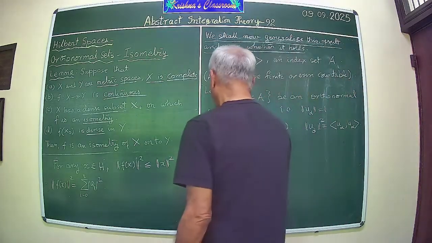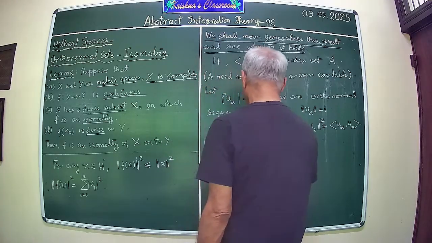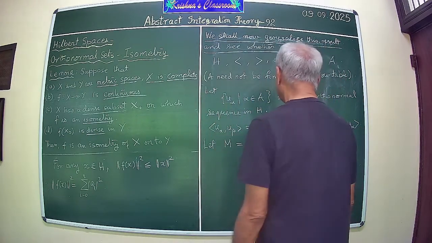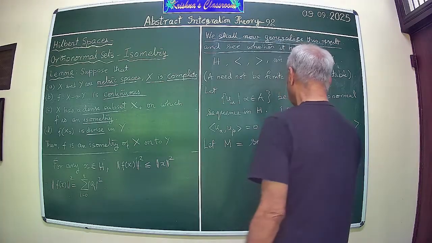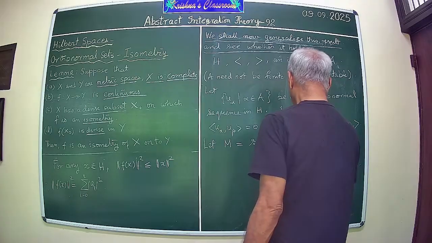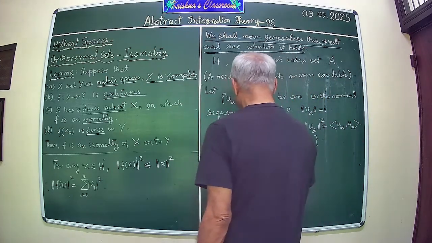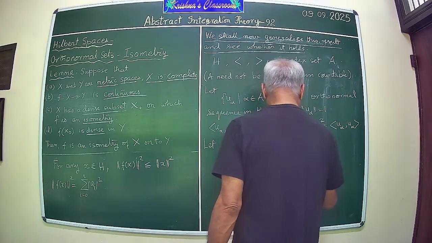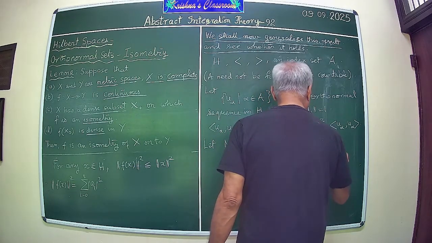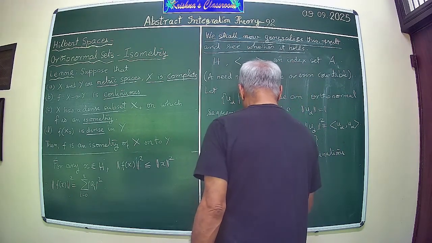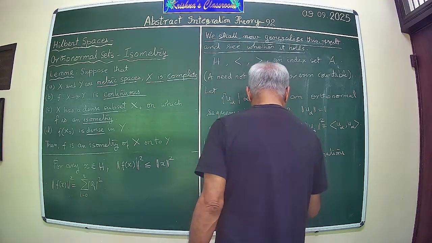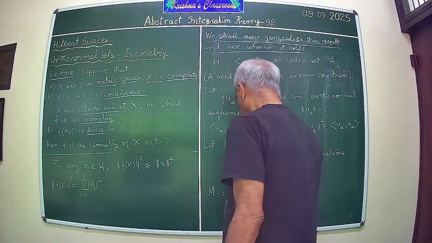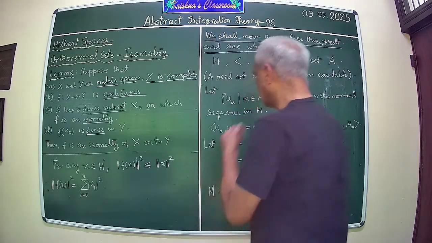Now let M be the span of linear combinations of U alpha belonging to A. Then M is a subspace of H.